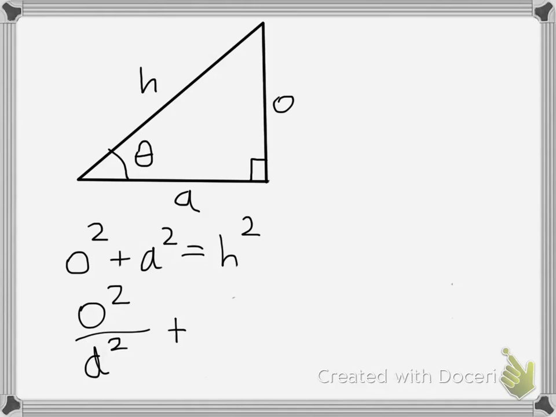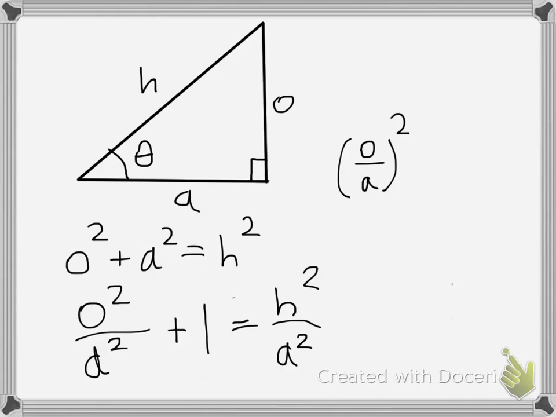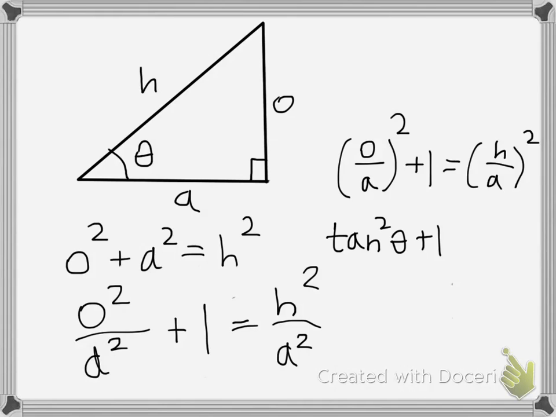So O squared over A squared plus 1, because A squared divided by A squared is 1, equals H squared over A squared. Again, we can rewrite that as (O over A) squared plus 1 equals (H over A) squared. But what's O over A? That's opposite over adjacent, which is just tan theta. So tan squared theta plus 1 equals, what's H over A?